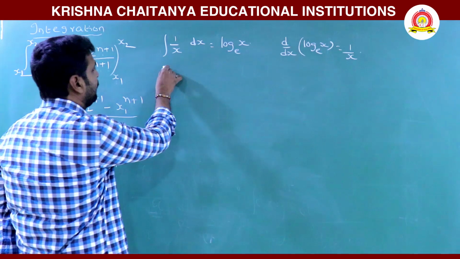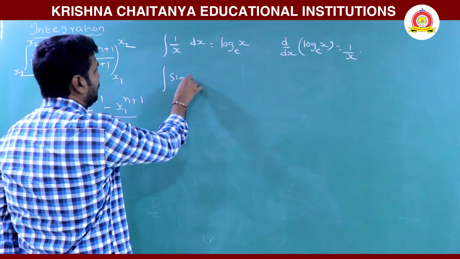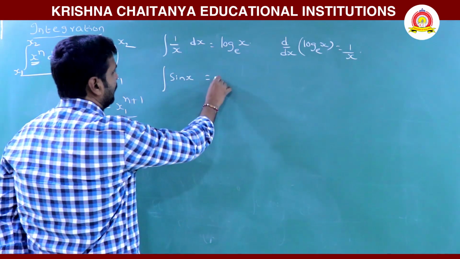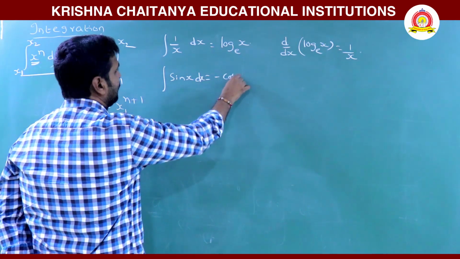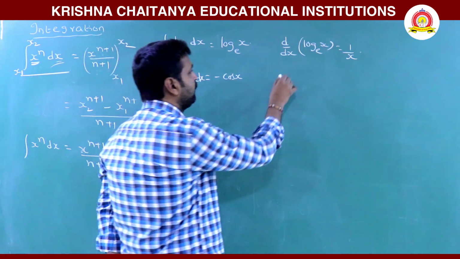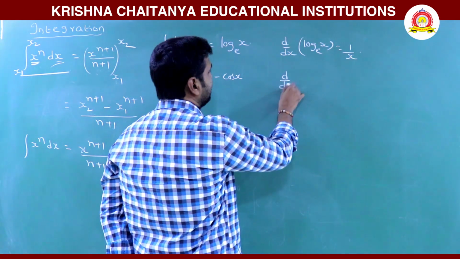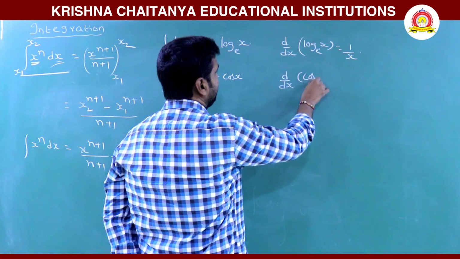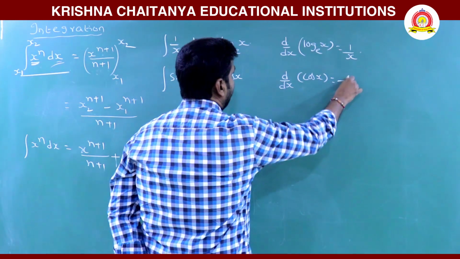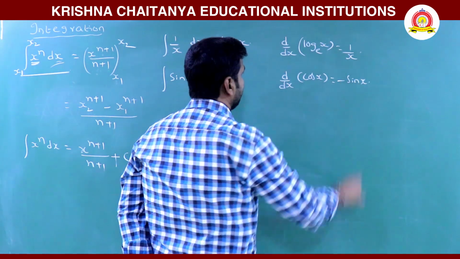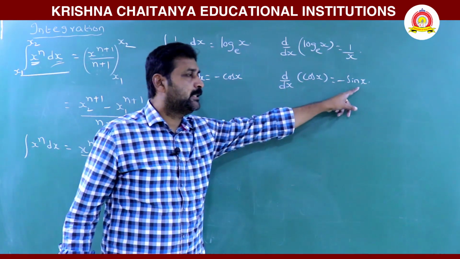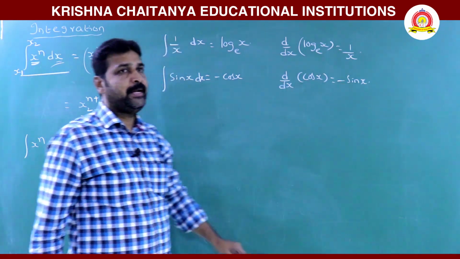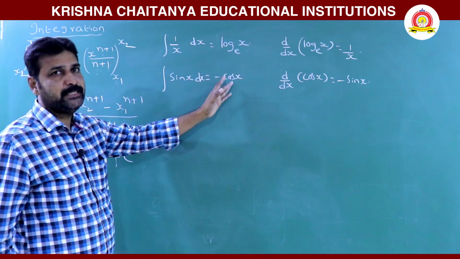Similarly, integral sin x dx is minus cos x. Actually, d by dx of cos x is minus sin x. So, for cos x it is minus sin x. Then for minus sin x it is cos x.